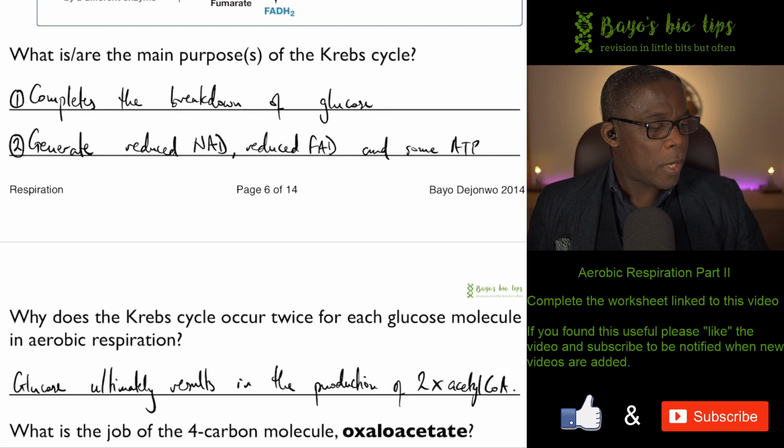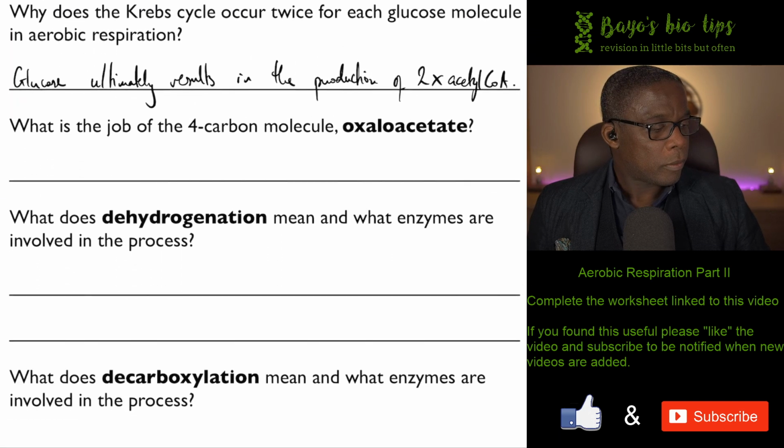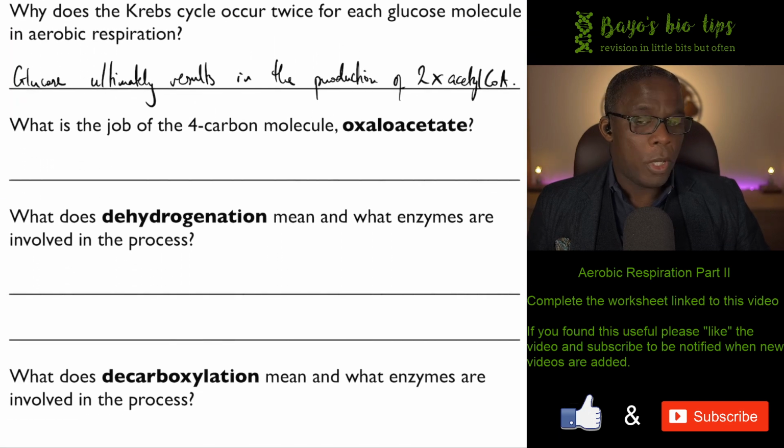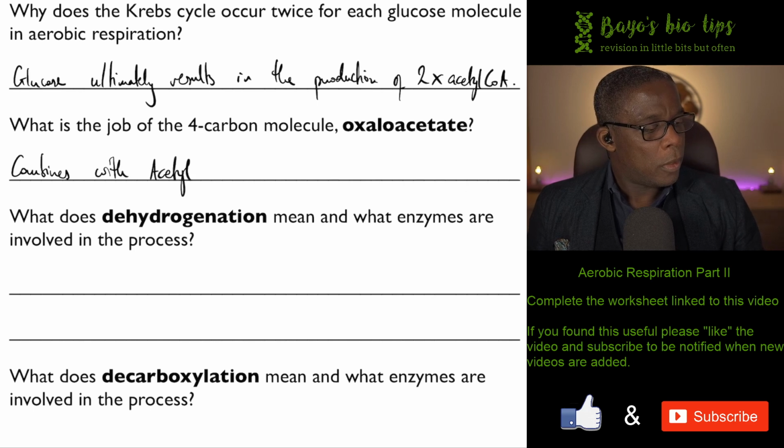So oxaloacetate is responsible for combining with acetyl coenzyme A at the start of the Krebs cycle.